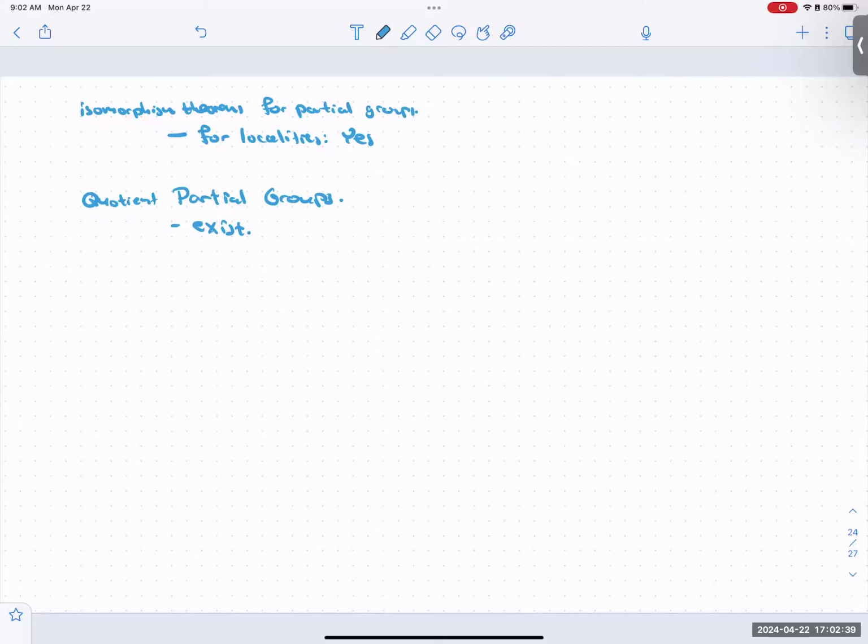I guess the question is quotient by what, right? By a normal partial subgroup or something like that. Yes. So the question is really, quotient by what.